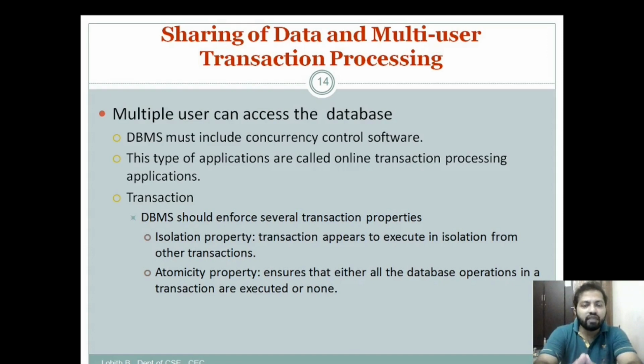For example, if I perform a fund transfer operation where the amount has to be debited from my account and credited to my friend's account, and in the meanwhile, after debiting, there is a power failure or a system crash, there should not be any scenario where it has been debited from my account and not credited. There will be no such scenario because, according to the atomicity feature, either the transaction should occur fully or not at all. So that is one of the key features of the database approach.